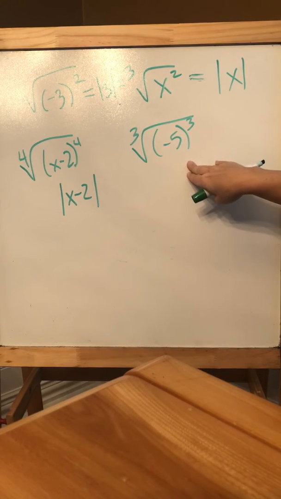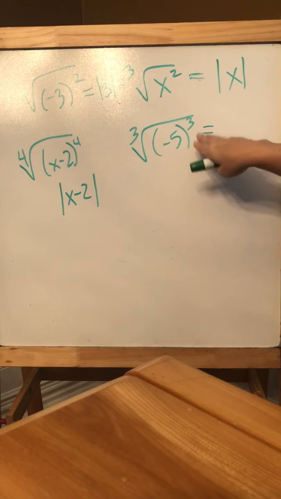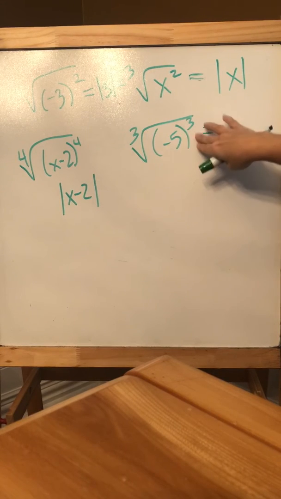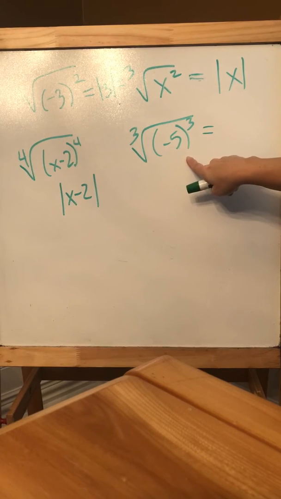All right, our next example is the cube root of -5 to the third. Okay, so here, if you take -5 to the third, you get -125.